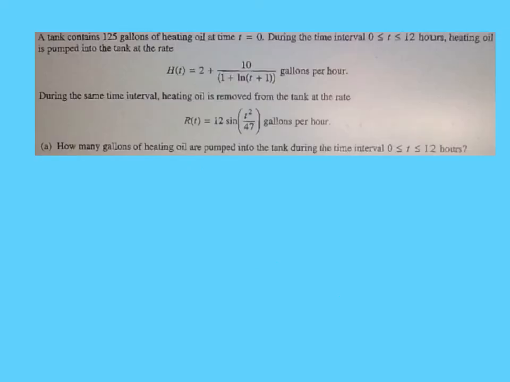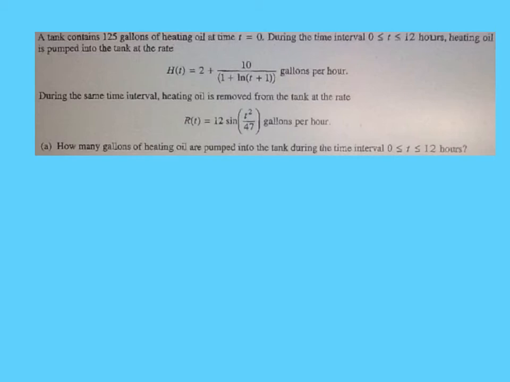Here we're told a tank contains 125 gallons of heating oil at time 0. During a time interval from 0 to 12 hours, heating oil is pumped into the tank at a certain rate, and we're given that equation, and in the same interval, heating oil is being removed from the tank. So calculus will often have two rates working together, stuff being put in and stuff being taken out at the same time.